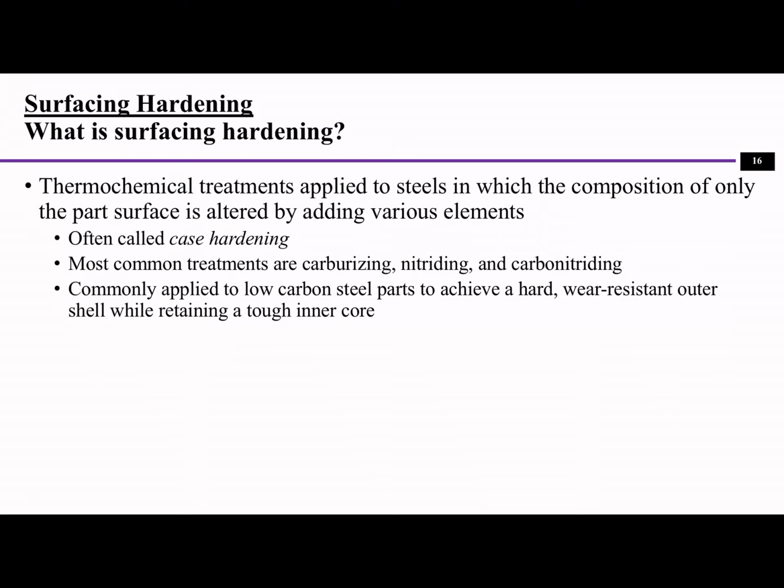Some of the common treatments are carbonizing, nitriding, and carbon nitriding. Then we're gonna talk about them one by one. And usually those kinds of treatments are applied to low carbon steel parts, so they can achieve a hard, wear resistant outer shell, while also retaining a tough inner core.